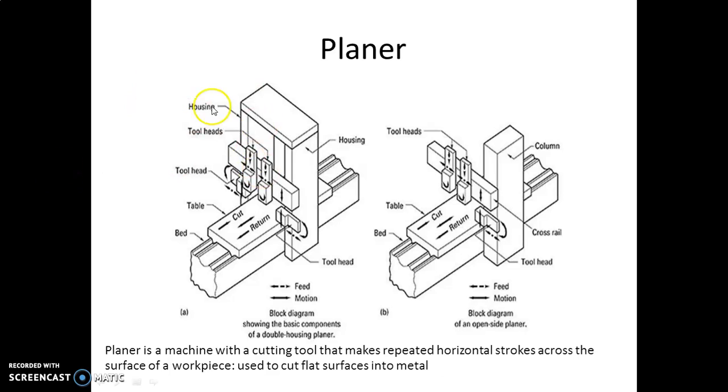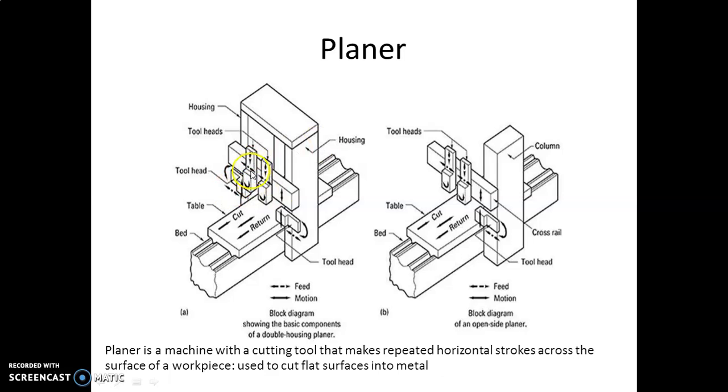Now next is the cross rail. The cross rail is a horizontal member of heavy cross section connecting the two housings. It contributes to the rigidity of the machine. Its face is machined to provide ways for the two cross rail tool heads.